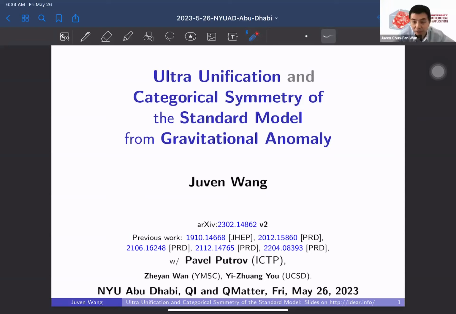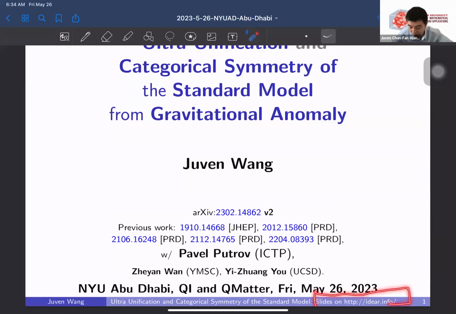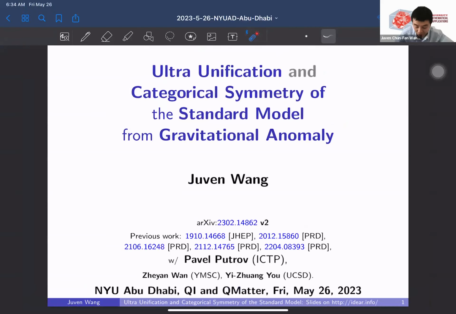The slides are downloadable from this website, and this is based on work in collaboration with Pavel Putrov, Zeying Wang, and Yizhuang Yu. Imagine that you're going to play a chess game and see the chessmen on the board. Every piece is on the board except one.